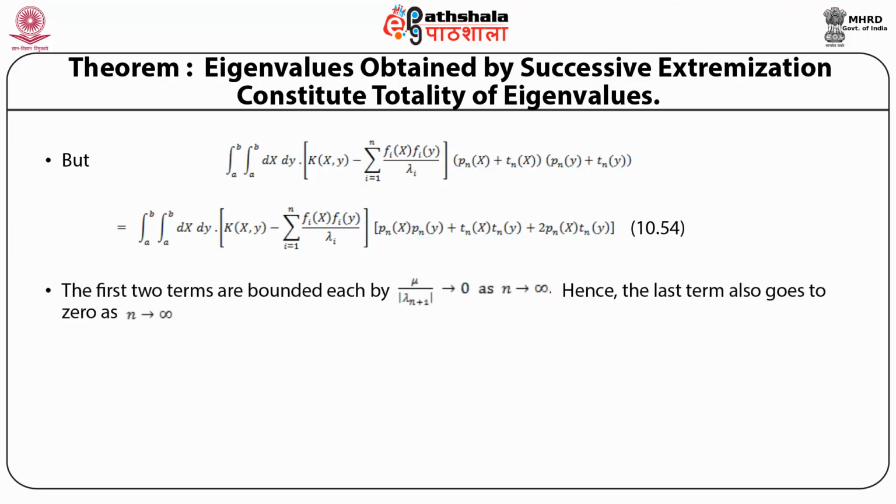The first two terms are bounded, each by mu by mod of lambda_(n+1), and go to 0 as n goes to infinity. Hence the last term also goes to 0 as n goes to infinity.